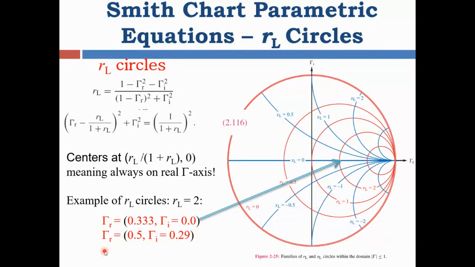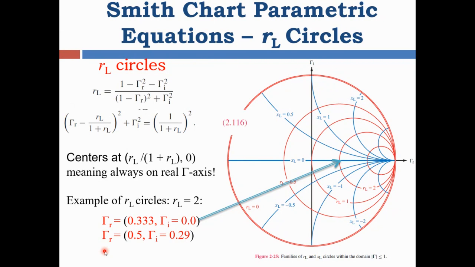Now I'm going to do the numerator. So the numerator is going to be 1 minus 0.5 to the power of 2, minus 0.29 to the power of 2, and that is going to be 0.6659.